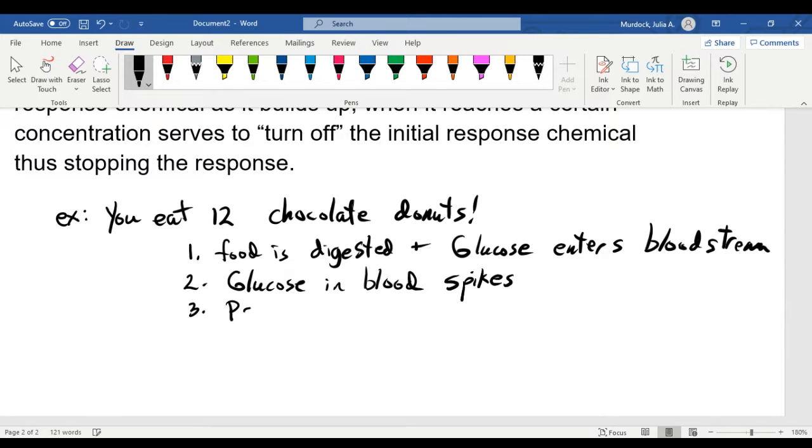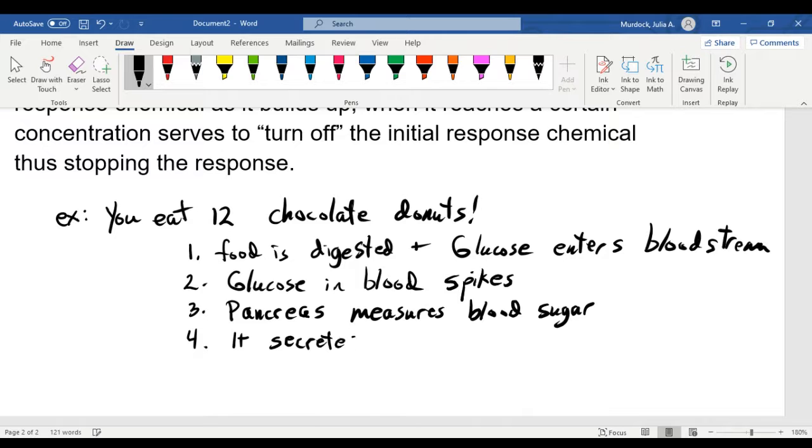Yes. Okay. The pancreas measures blood sugar. And as a consequence, now what does it do? It secretes what? Which chemical? Insulin. Very good. It secretes insulin.